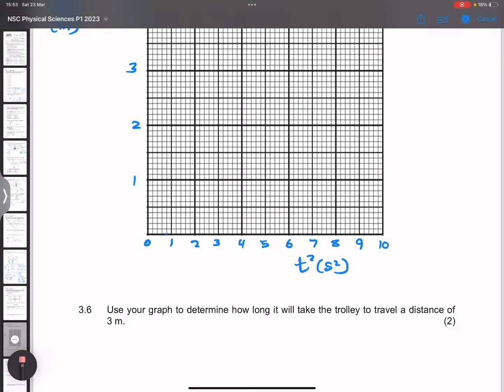So the first one, we've got 0.3, which is somewhere over there, and on the y, we've got 0.2. On my y, I'm increasing by 0.1 per cell, so that's why we've got that as 0.2 over there.